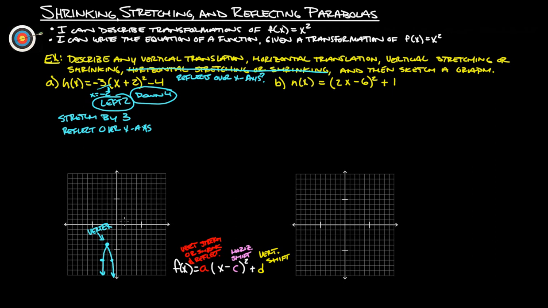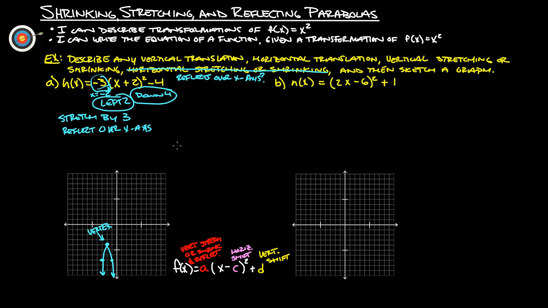It normally opens up, but since it's negative, it now opens down. So instead of going up, we reflect it over the x-axis and it actually goes down instead. But probably the easiest way is to think of this as negative 3 over 1. From the vertex, go down 3 over 1, down 3 over 1 the other way, and that gives you the general shape of the graph there.